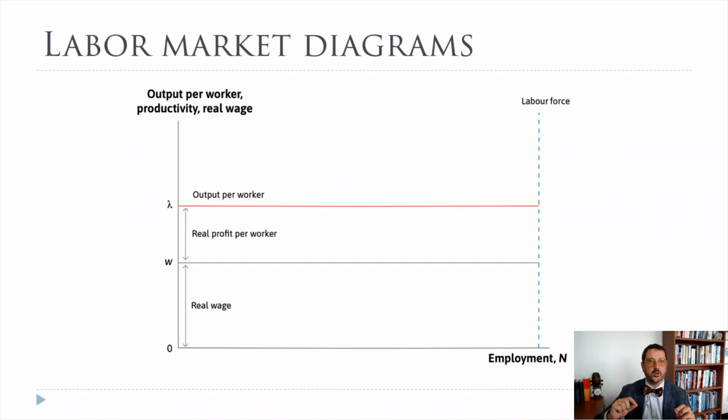But in equilibrium, really all that matters is how much can a worker produce, and then how much of that goes to profit. You take how much the worker is producing. Maybe they're producing $40 an hour worth of stuff, and the firm is getting 25% profit, which would be $10.